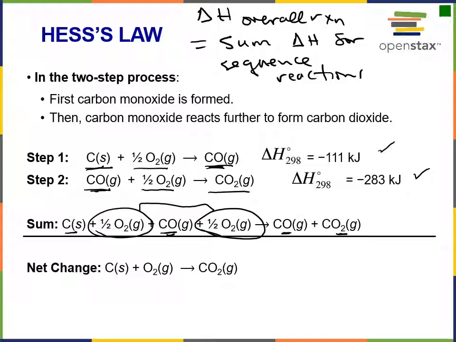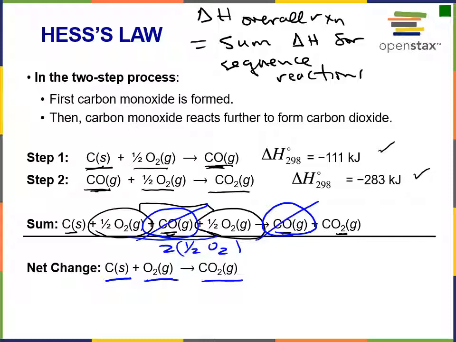Well, if we look at these, we have a CO on the reactant side and a CO on the products, which means that carbon monoxide is really a spectator, and we're just going to cross it off. If we sum up our oxygens, instead of 2 1/2 of an oxygen, we're going to have 2 of those, and we're going to have 1 O2. When we add these up, we get carbon as a solid plus oxygen as a gas makes CO2 as a gas.